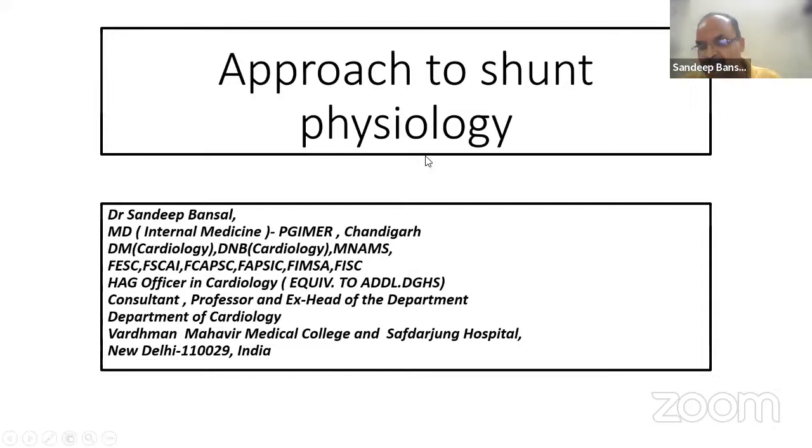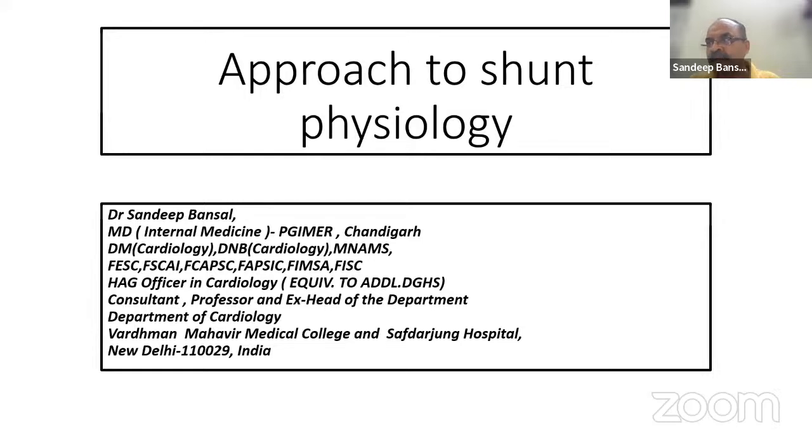A lot of the things that I'm going to tell you we've actually already discussed, but let us see how we approach a patient of shunt physiology. I'm not going into too many nuances.